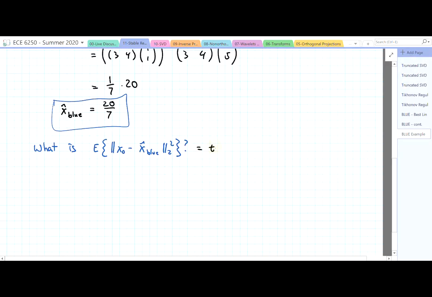So that's going to be equal to the trace of (A transpose R inverse A) to the minus 1.